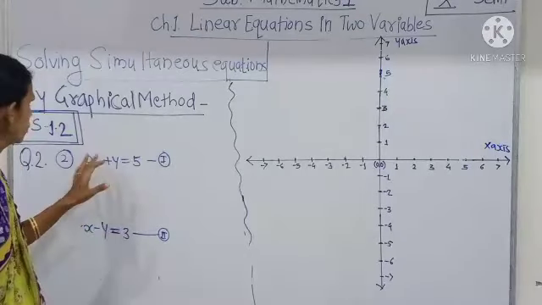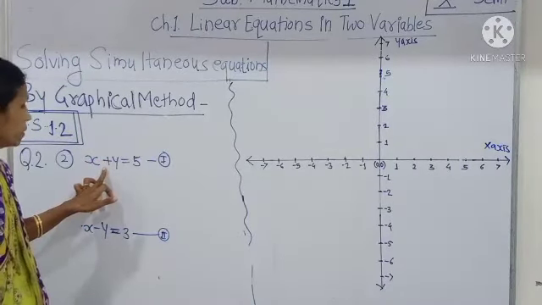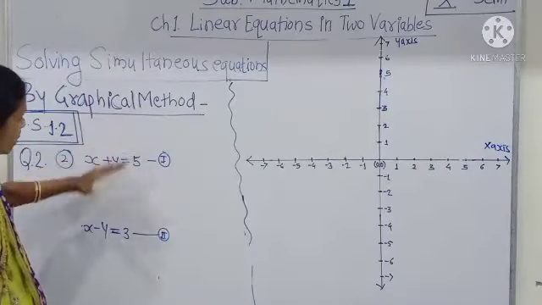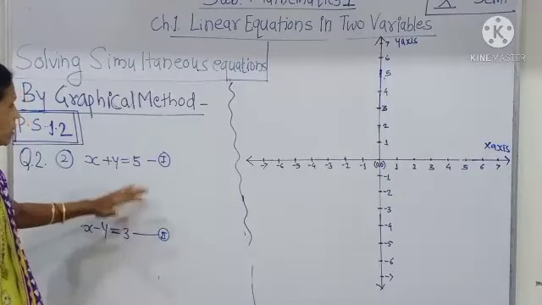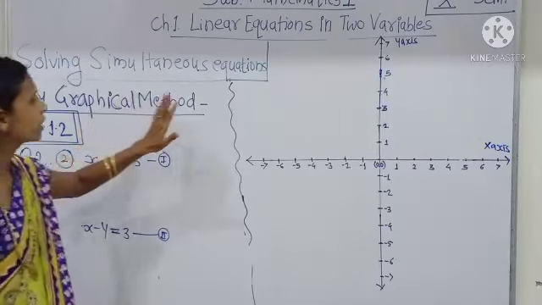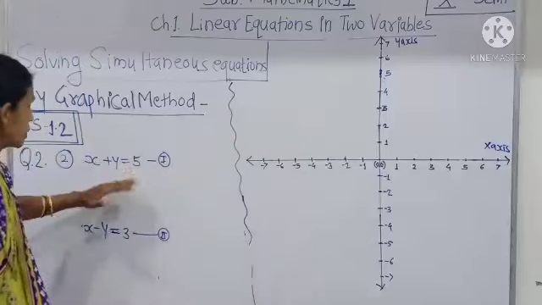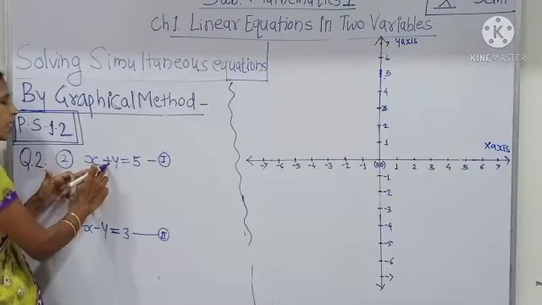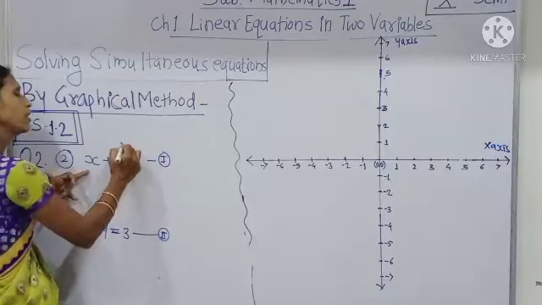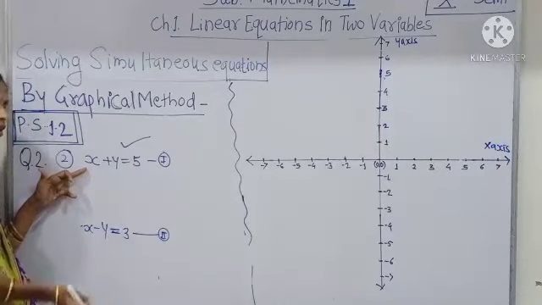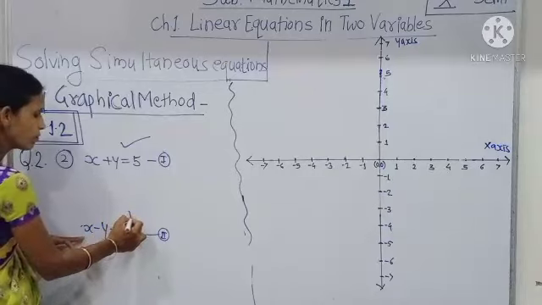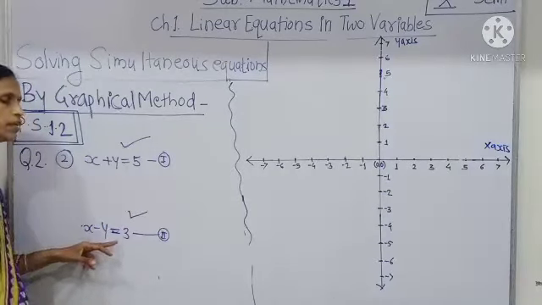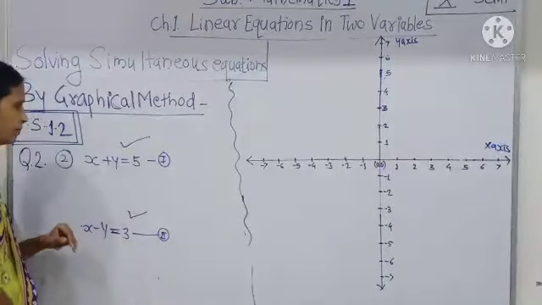To solve these simultaneous equations we use the graphical method, and for this purpose, first of all we have to draw the graph for the first linear equation in 2 variables, and then we draw the graph for the second linear equation in 2 variables.